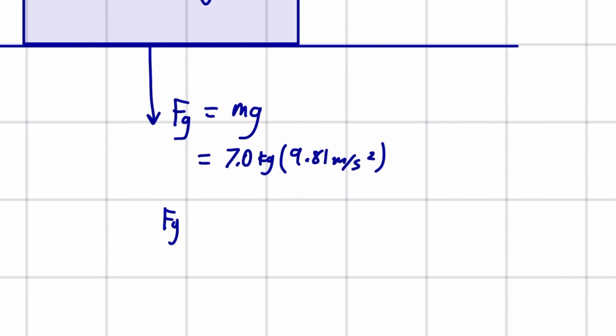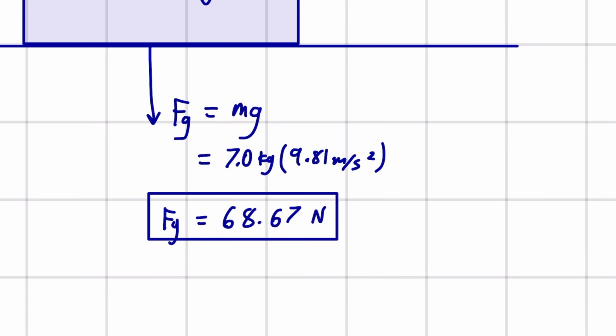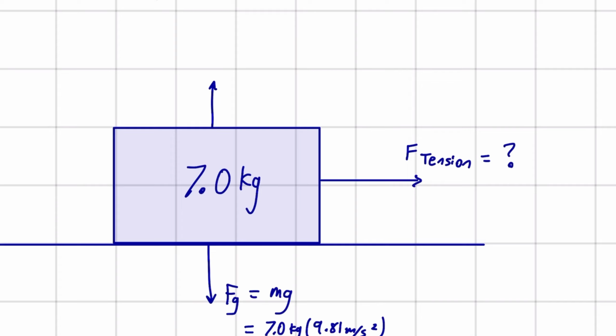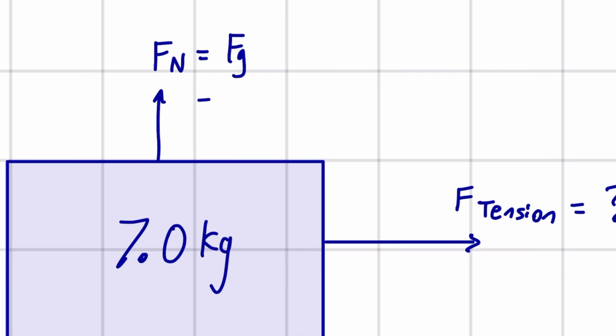So that means our Fg is equal to 68.67 newtons. And then likewise, our Fn, or F normal, our normal force, is equal to Fg, which is equal to 68.67 newtons.